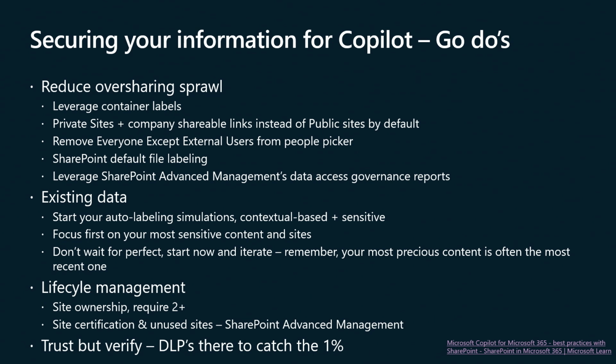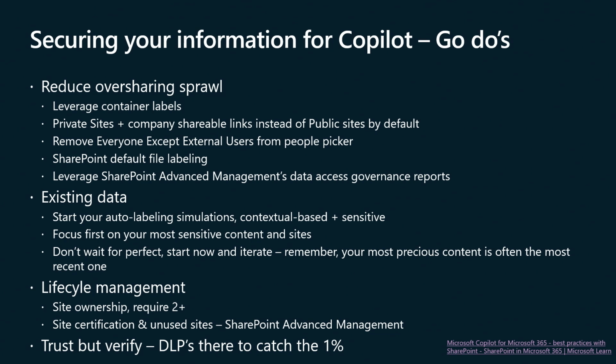So, the to-dos here: I want to have a couple of key points, and there's a nuance of that slide with how Microsoft does IT, reduce oversharing. And if anything today you remember from this session, one sentence, reduce oversharing. Use better defaults to do that. You should leverage the container labels, removing everyone except external from the people picker.